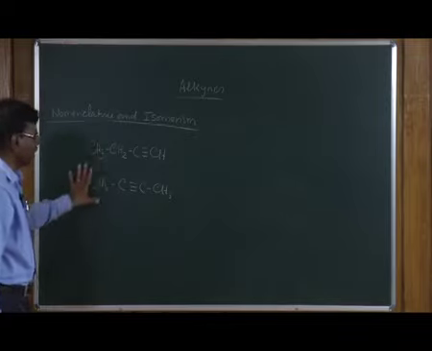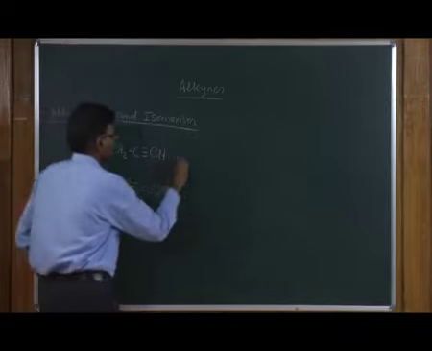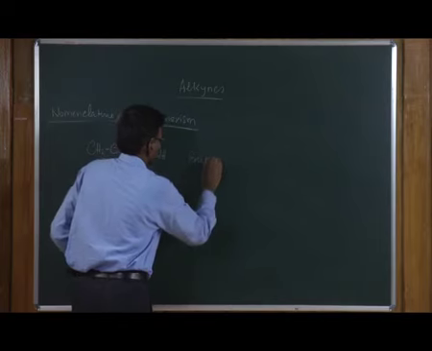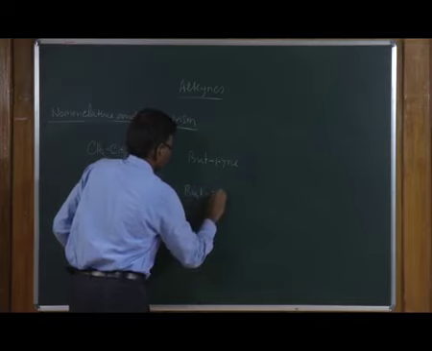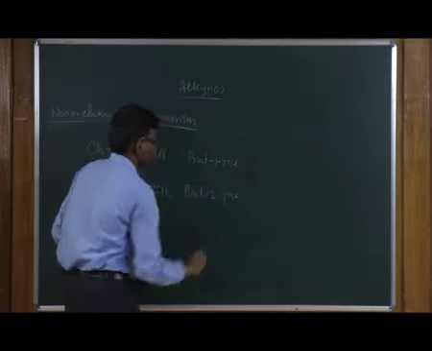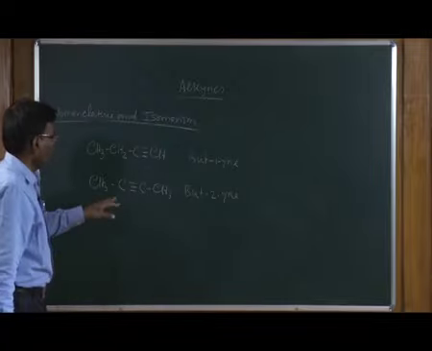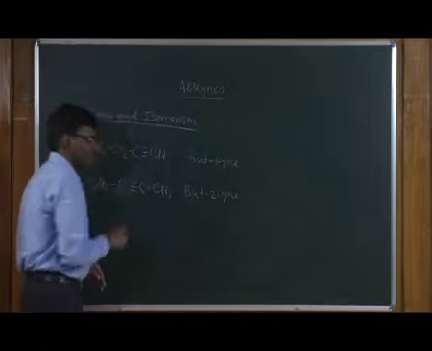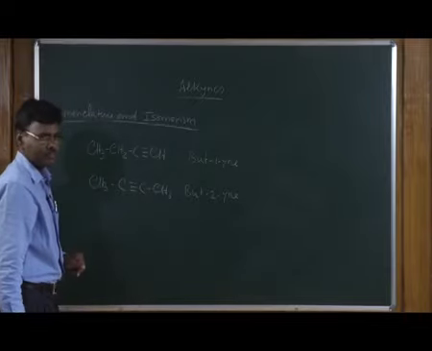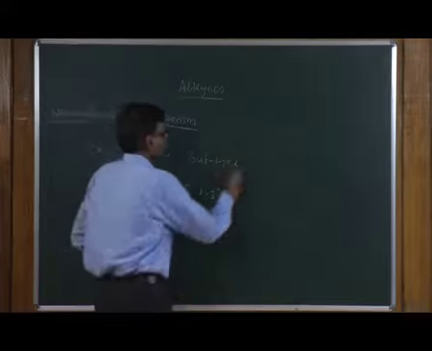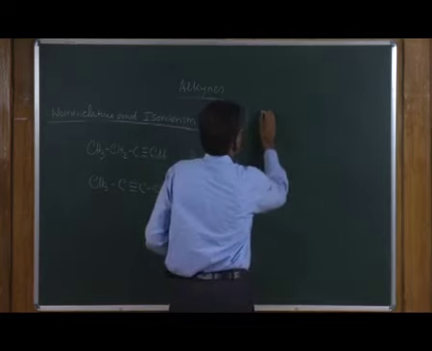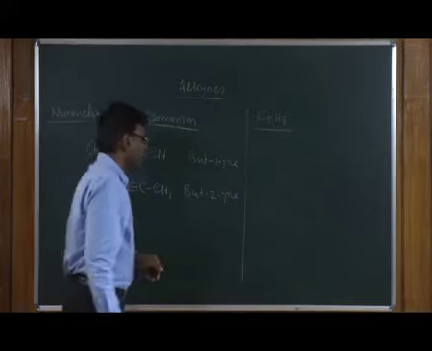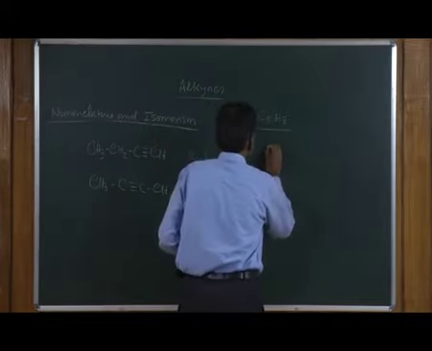You can look at this one, and this is called 1-butyne and 2-butyne. This is the IUPAC name of these compounds, and this 1 and 2 refers to the position of the triple bond present in this molecule. When you go for the next molecule, having molecular formula C5H8, there are three possible structures.